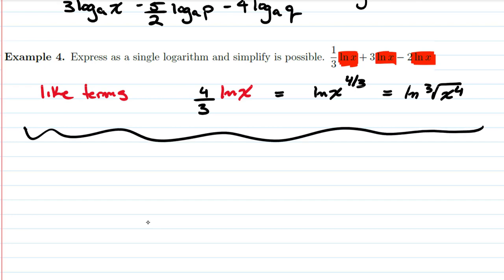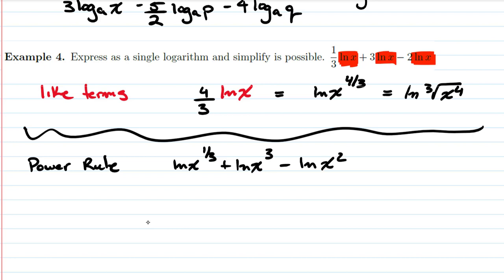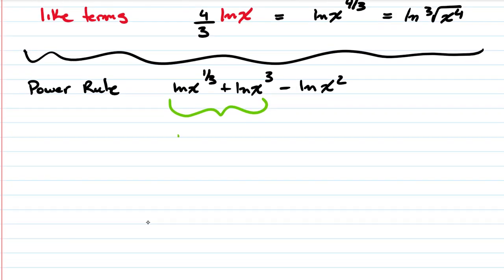Method 2, which is a little bit longer, if we use our power rule, again in reverse, we would get the natural logarithm of x to the 1/3 plus the natural logarithm of x cubed minus the natural logarithm of x squared. Then on these first two pieces, we could use our product rule.